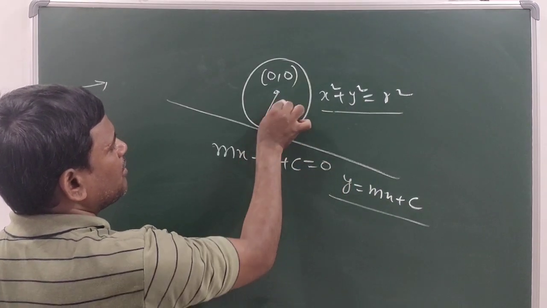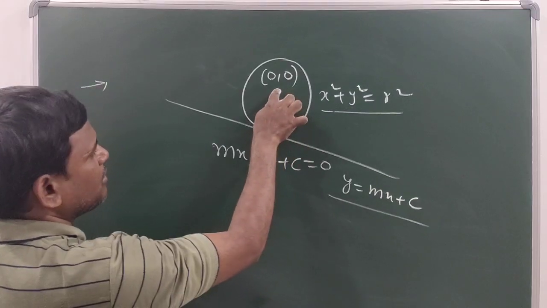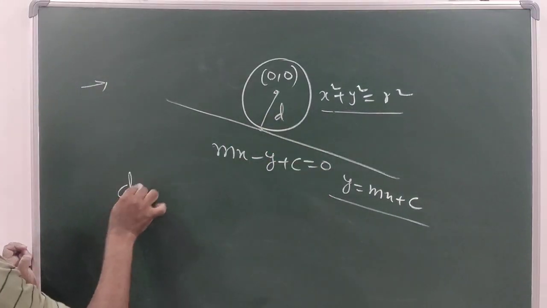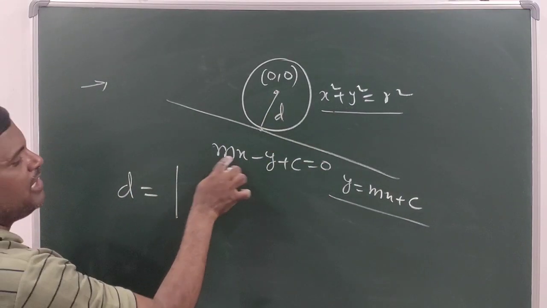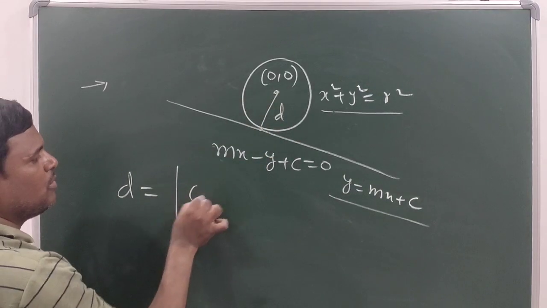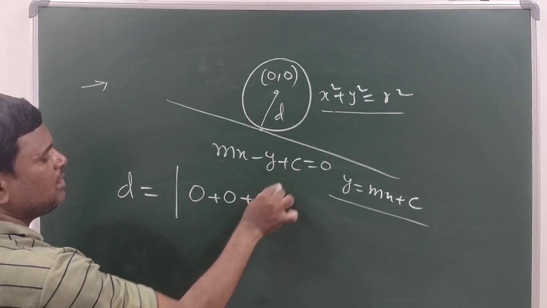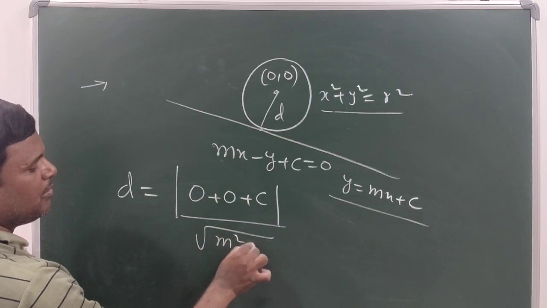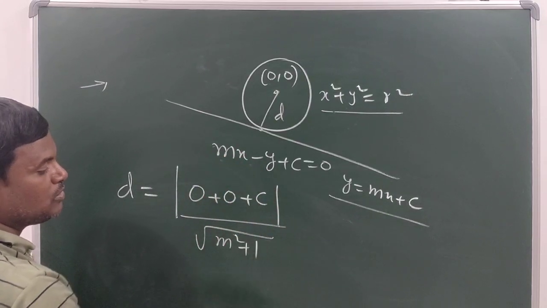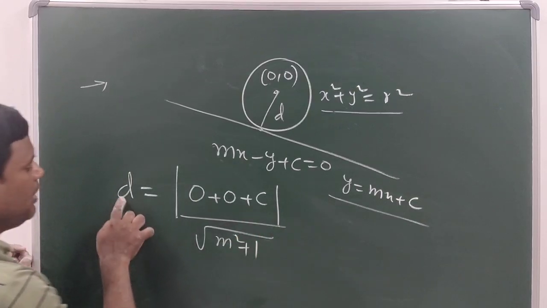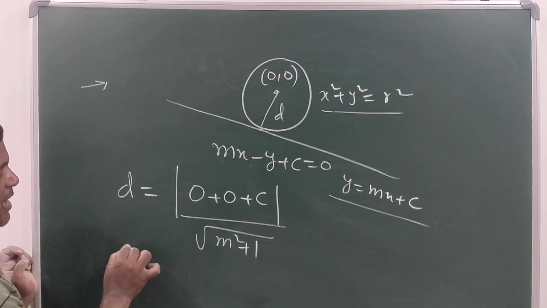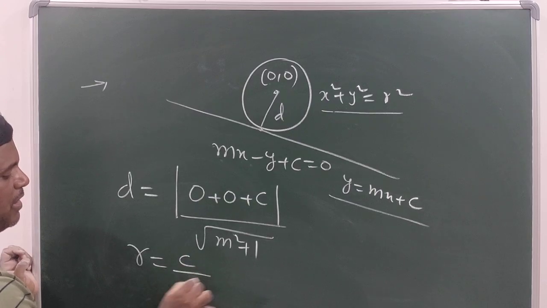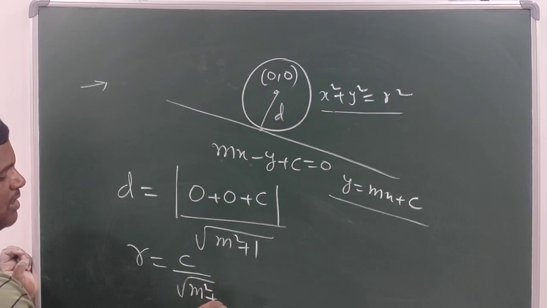Now find the perpendicular distance from the center to this line. d is equal to mod of a x1, a means m, x1 is 0, plus 0 plus c, by root of a square plus b square, that is m square plus minus 1 whole square, which is 1. Now simplify. r equal to d. Replace r by d. Now d is equal to c by root of m square plus 1.